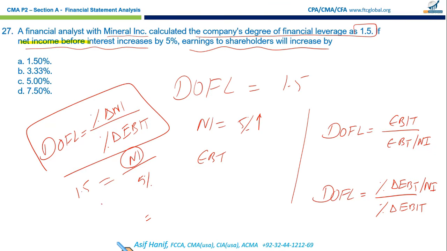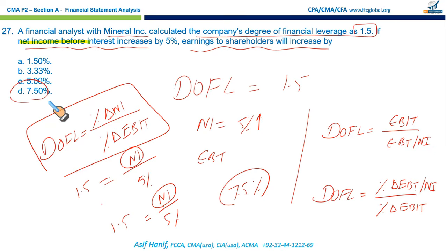Net income before interest and tax, that is basically EBIT. This is the income that is attributable to the shareholders for dividend purpose. So if there is a 5% change in EBIT, the income available to the shareholders would increase by 7.5%, and that is option D.